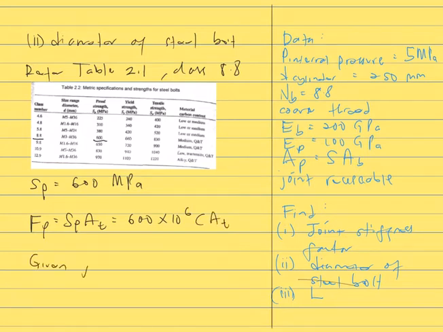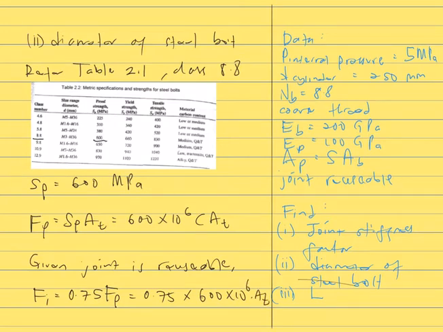Given that the joint is reusable, the preload Fi is equal to 0.75 Fp, which is 0.75 times 600 megapascal times At. So at the end we get Fi equal to 450 megapascal times At.